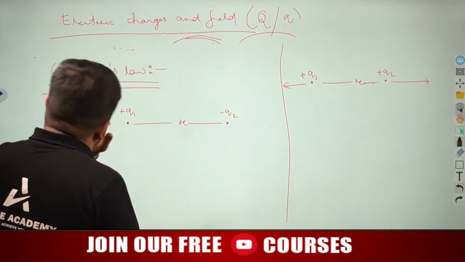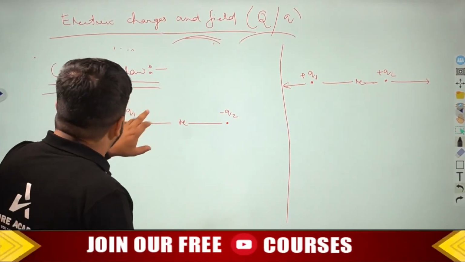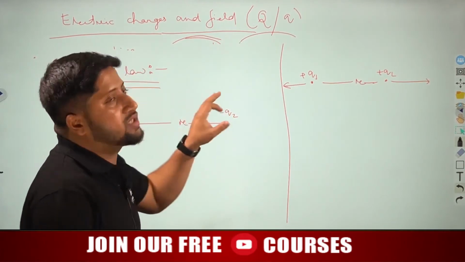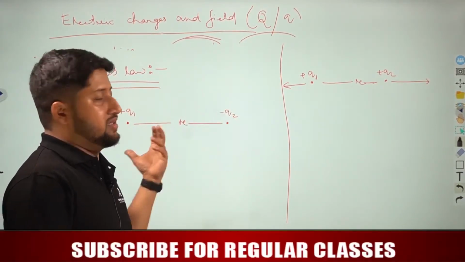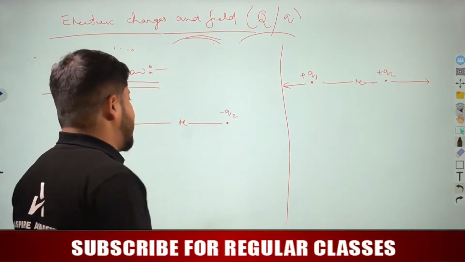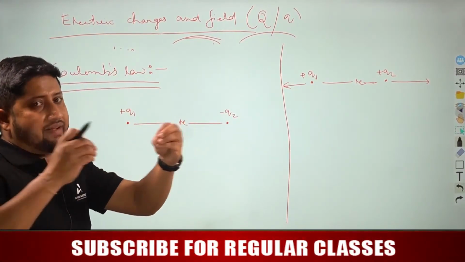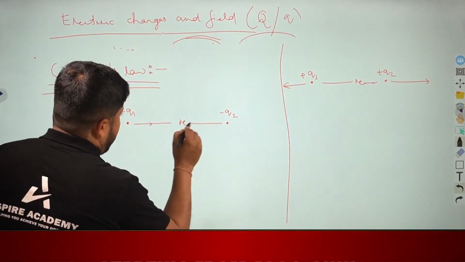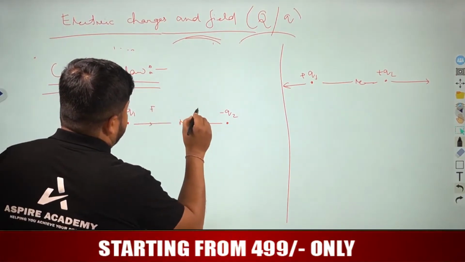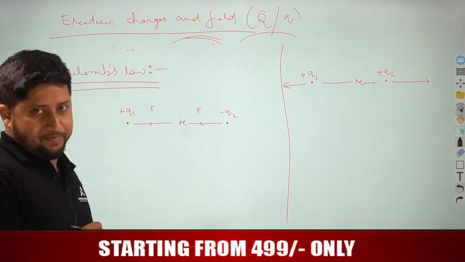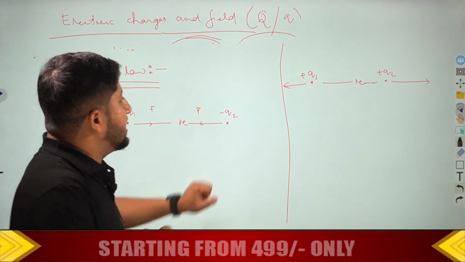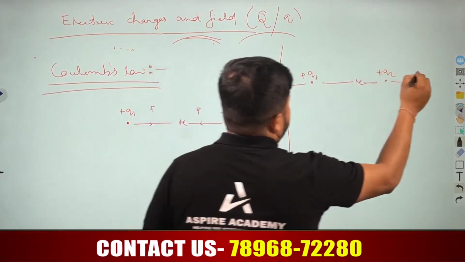In this basic diagram, Q1 and Q2 are the two charges. One is a positive charge and the other a negative charge, so they attract each other and an attractive force will be generated.